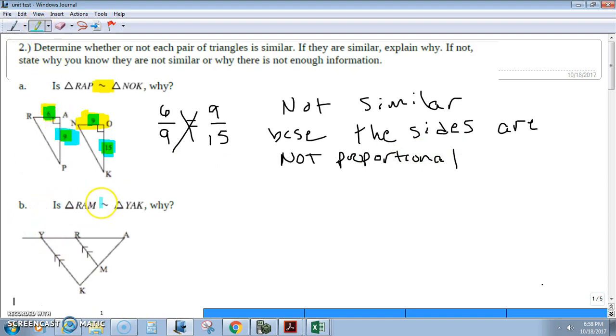Is triangle RAM similar, there's that symbol again, similar to YAK. So RAM is this triangle, so is this little triangle similar to YAK, Y-A-K? And this comes from those similarity rules on page 120, those theorems.